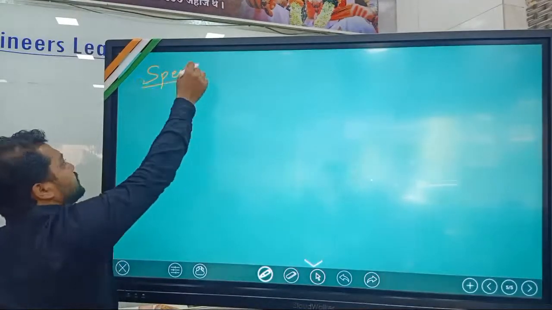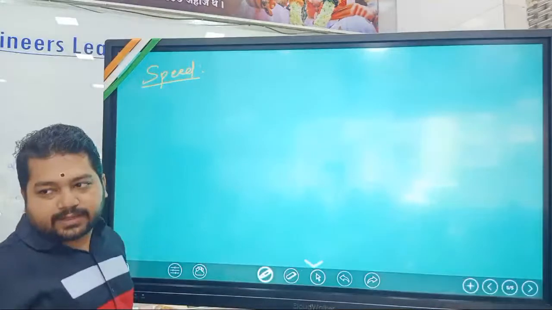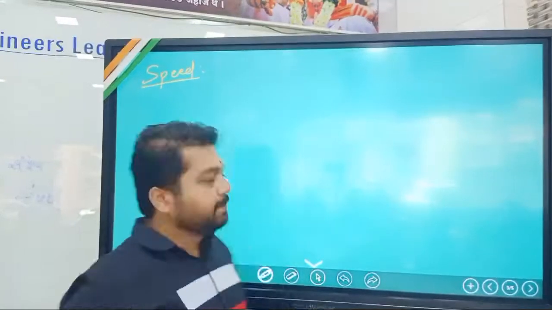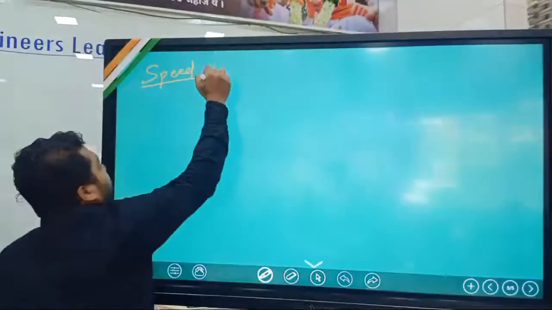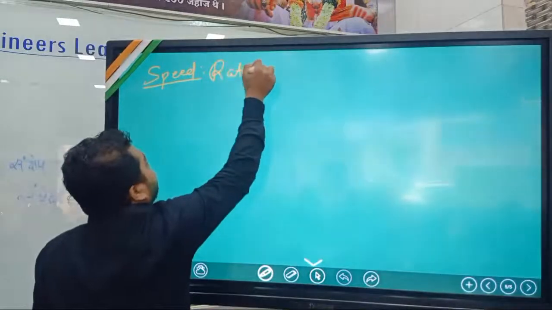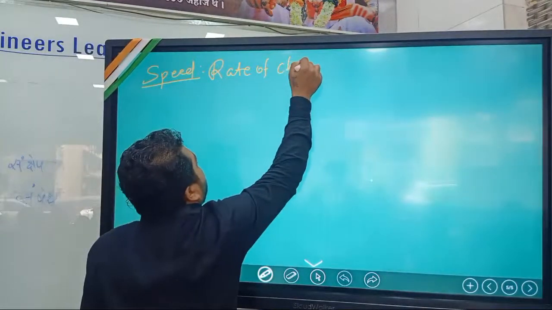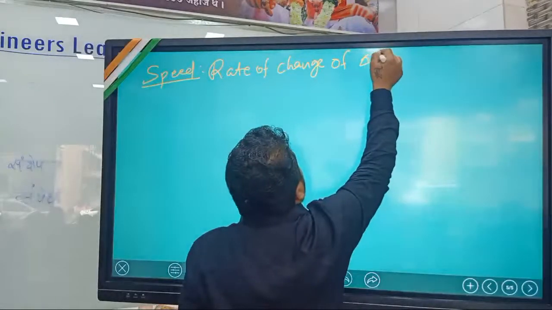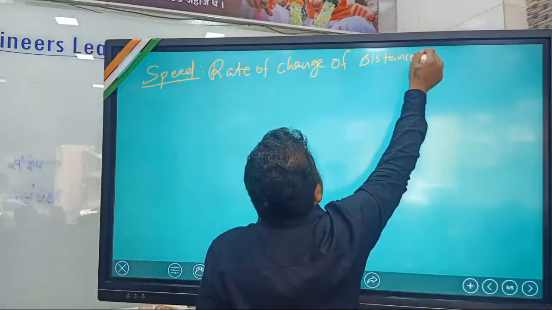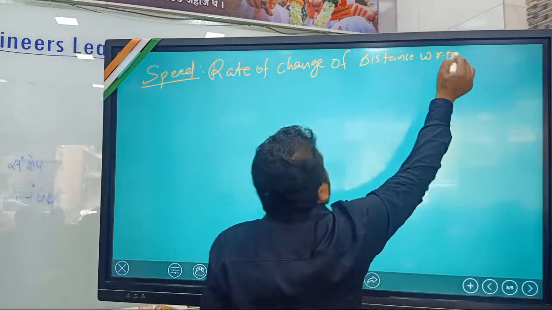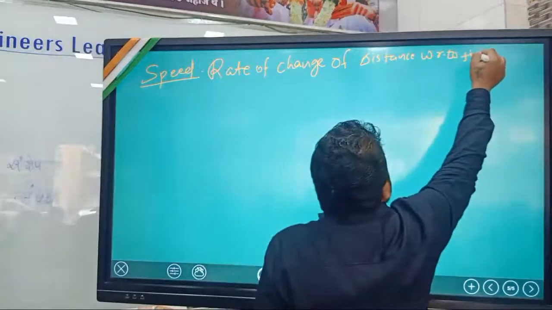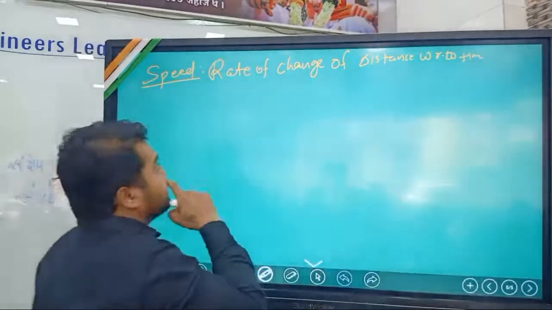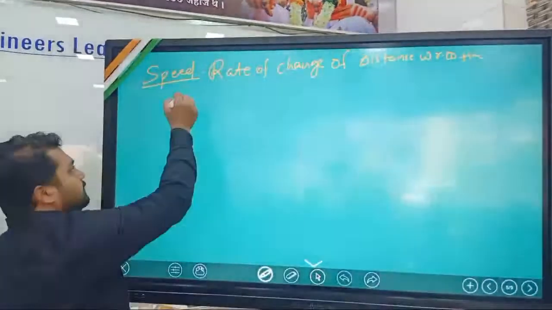If someone does not understand, student can raise the question, right? Simple definition: rate of change of distance with respect to time is called as speed.